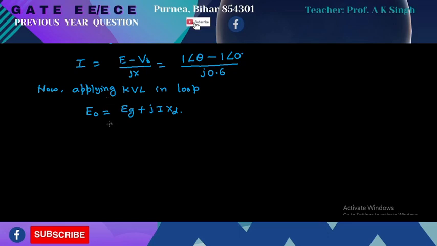If we substitute the value, E is the terminal voltage of the generator, 1 at an angle theta, plus j times I, where I is 1 at an angle theta minus 1 at an angle 0 divided by j0.6, and the value of Xd is 1.0.